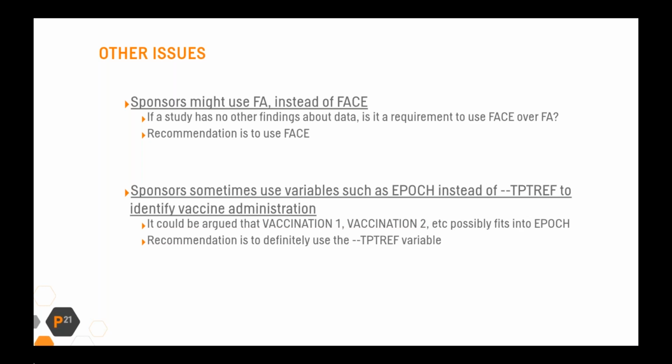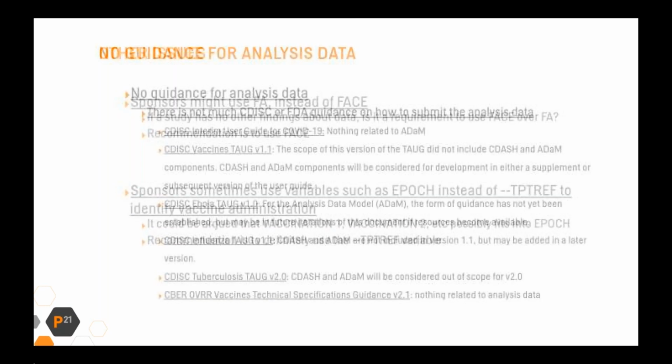Again, we want all similar data to be submitted the exact same way across the industry. If one company uses one variable to indicate this and another company uses a different one, then it makes processing a lot more difficult and manual adjustment necessary to handle that.